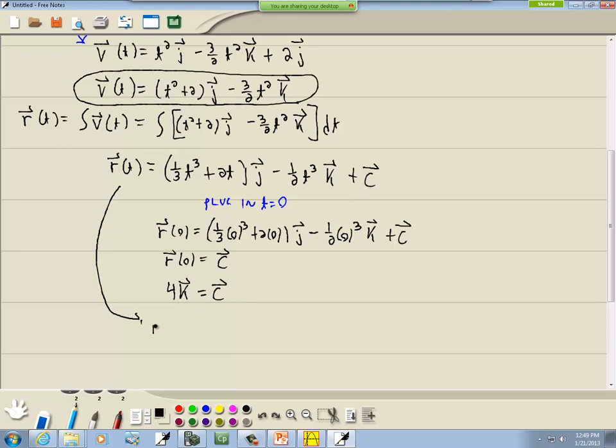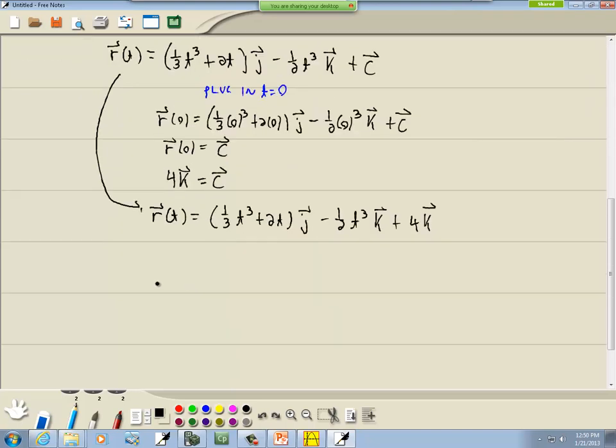So we're going to have r is equal to 1/3 t to the third plus 2t j minus 1/2 t to the third k plus 4k. Again, we replace the c with 4k.